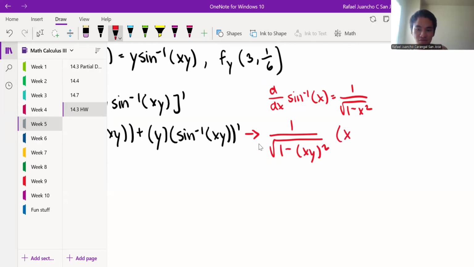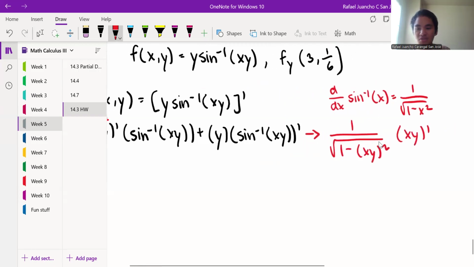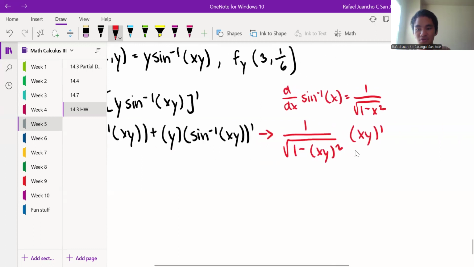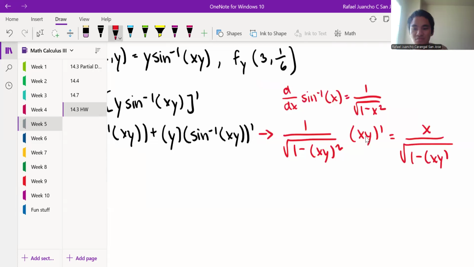And then here we take a chain rule of xy. And what's the chain rule of this? Well, here I treat x as a number, and so I leave that be. I treat my y as a variable. So if I take the derivative of y, well, I should get 1. And so I'm actually just left with x here. This is x over this.